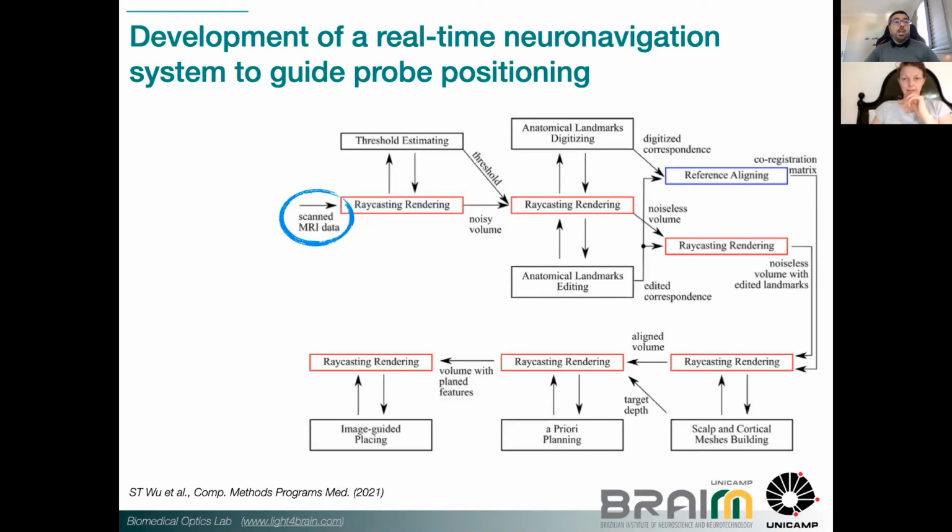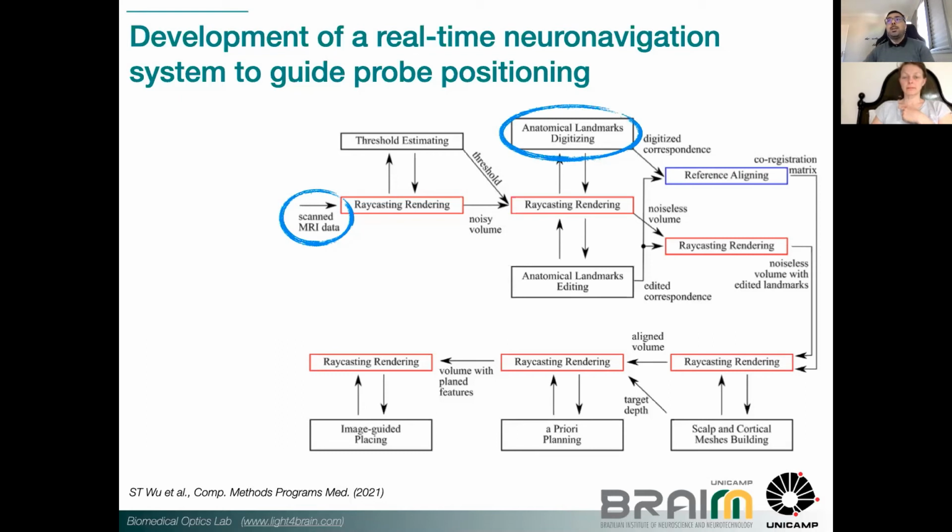But you don't need to collect MRI data for every single subject. One thing that we were about to do before the pandemic struck was to see how an MRI map, like a Collins 27 map, can help, and how the variability would hold with a standard atlas for MRI, right?